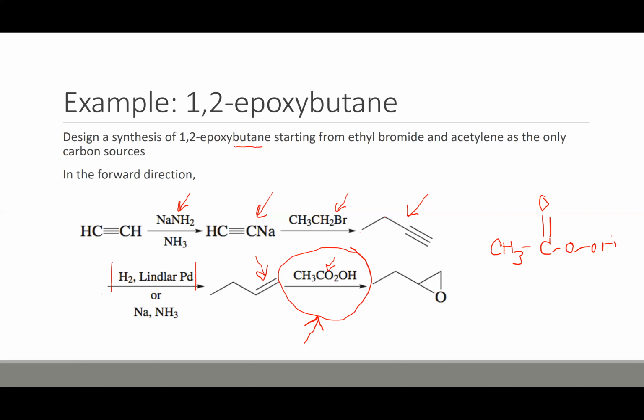Looks like this. So this is used for epoxide formation. This is again how you'd plan out a retrosynthesis, multi-step synthesis, starting with a few reactants and ending with a final desired product.